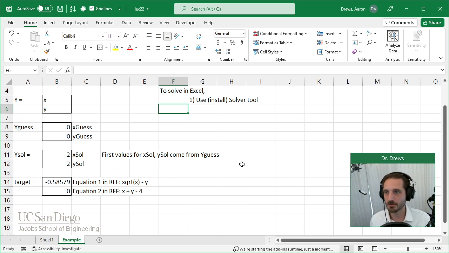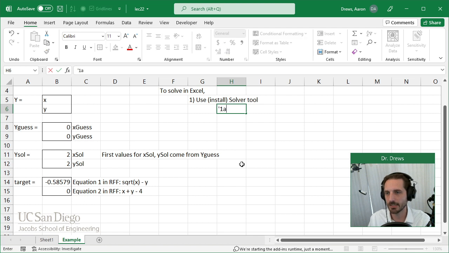The solver tool comes with Excel, so it's not like you have to go download anything. For whatever reason, they don't include it as sort of default in your ribbon, but the easiest way to find this, if we say 1A, is search for add-ins in your search bar.